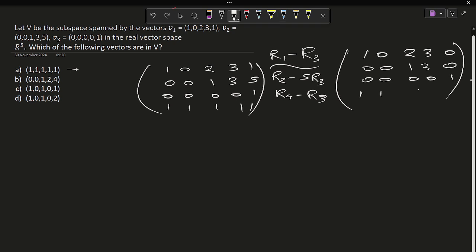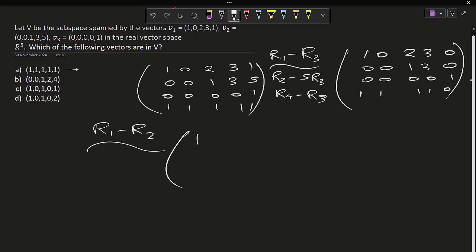So 1 1 1 1 0. Then what can be done? We can do R1 minus R2.